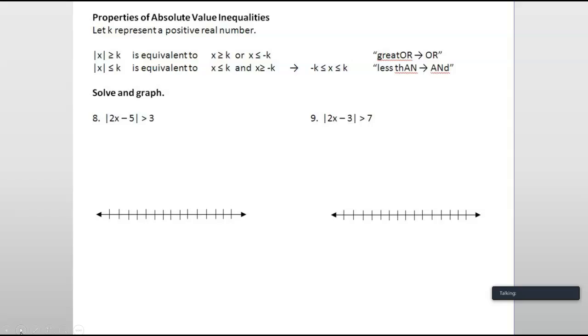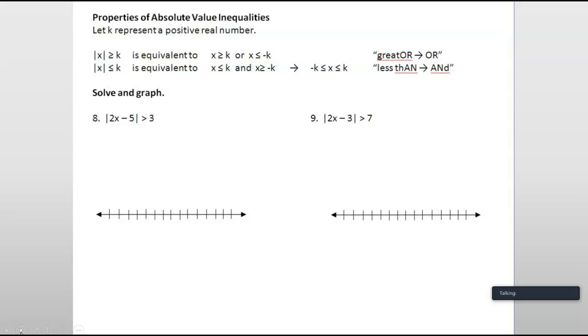So what we're going to do today is compare these absolute values. The key idea is that if the absolute value of x is greater than or equal to some number k, then this is an "or" problem. The absolute value is "greater than or equal to," so it splits into an "or."